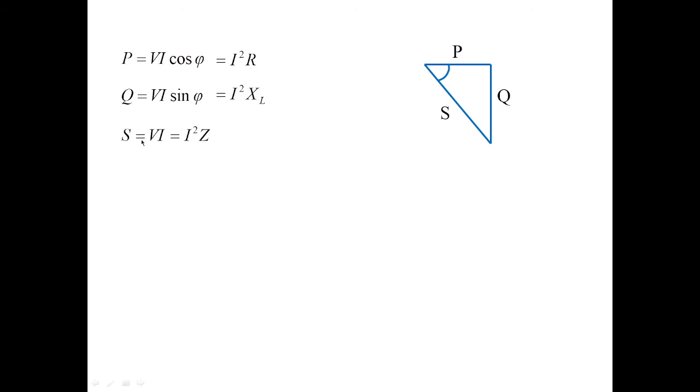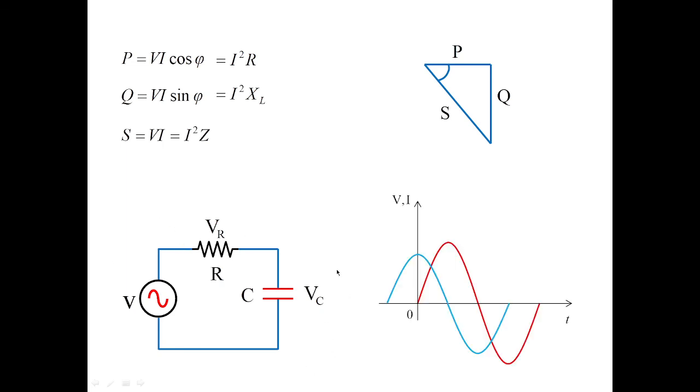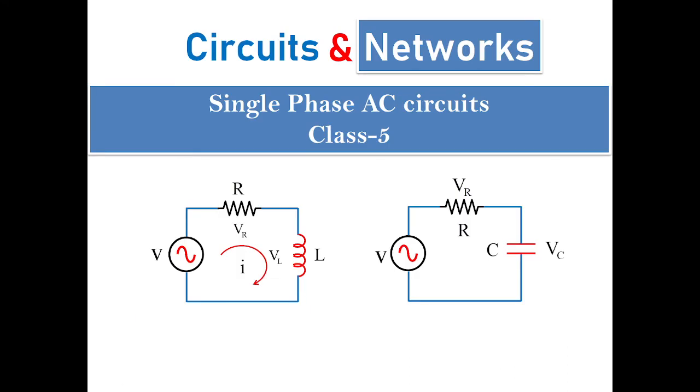And then the apparent power, which is equal to I square Z. So we come to one conclusion. For the RC network, the current leads voltage by 90 degrees. So this is how RC in series with AC supply is different from RL in series with AC supply. So that is the conclusion we have made.